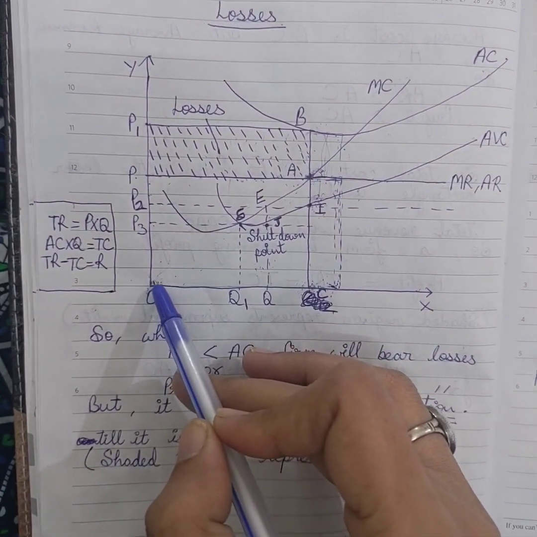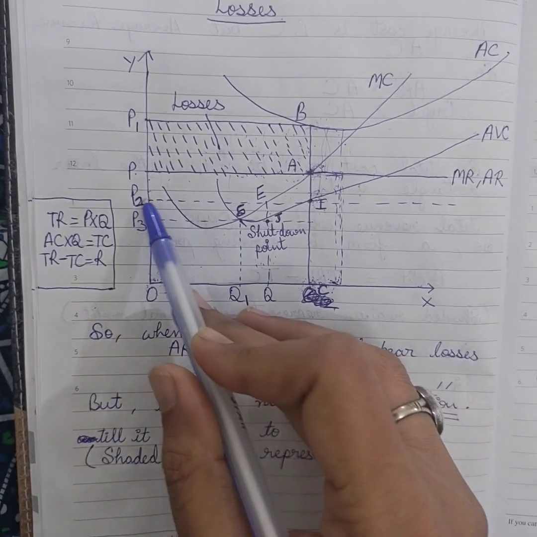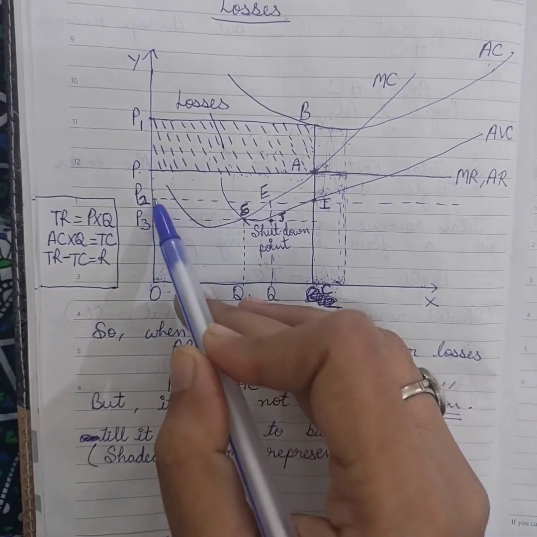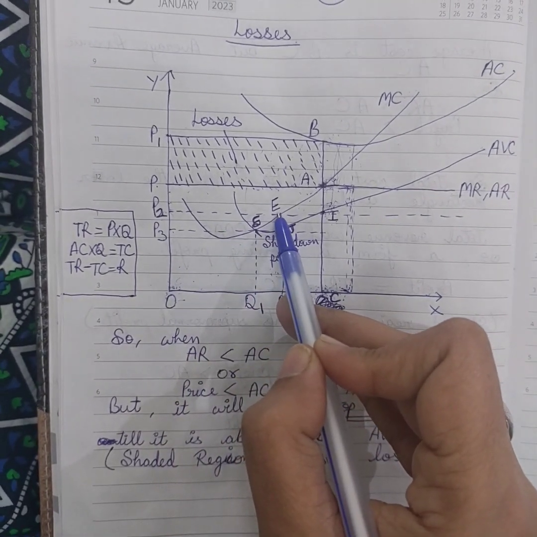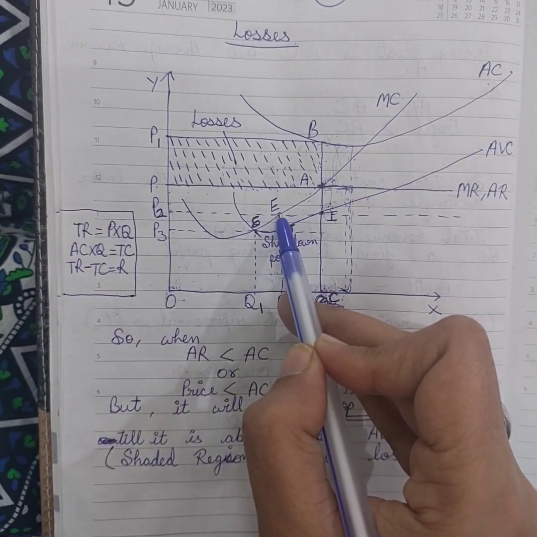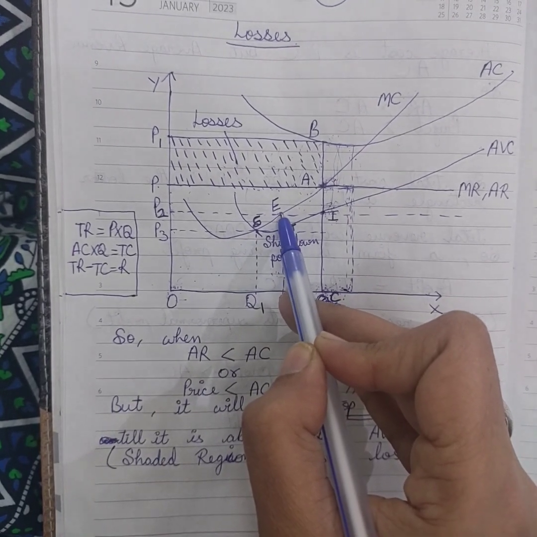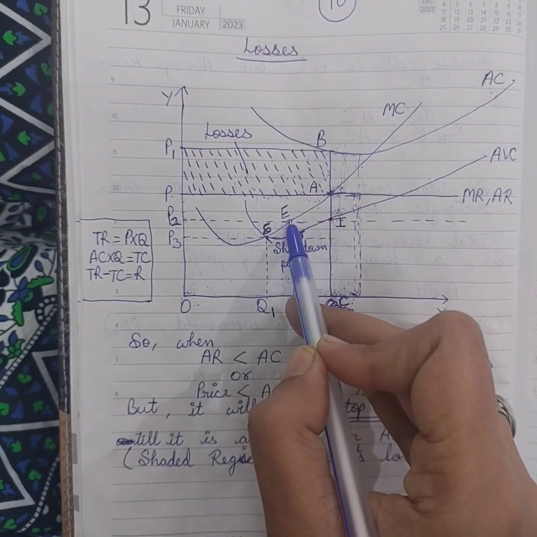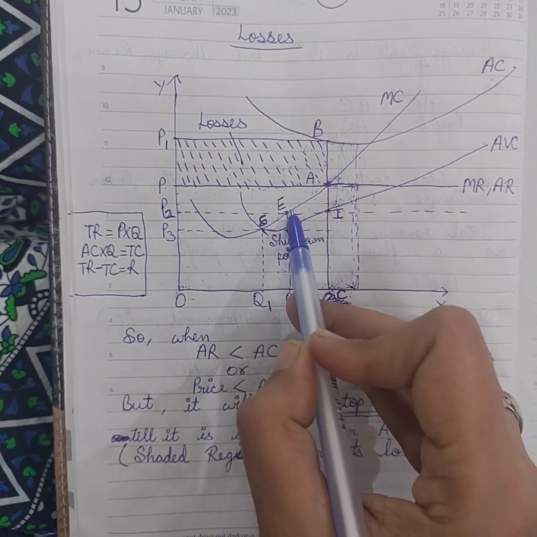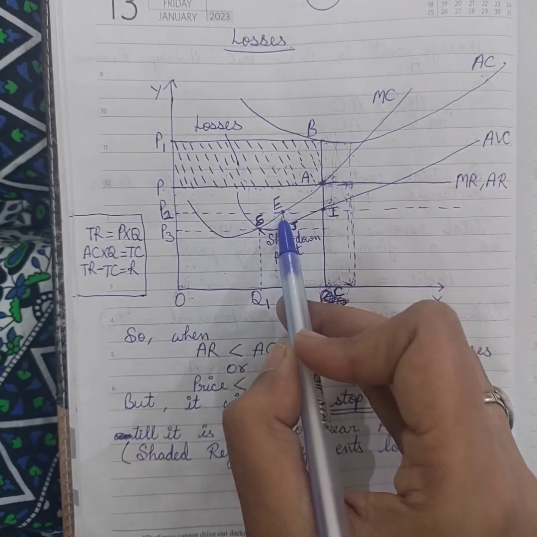So at OP2 price, E is the equilibrium point, because both the conditions are met here. Conditions of achieving equilibrium. What are those two conditions?